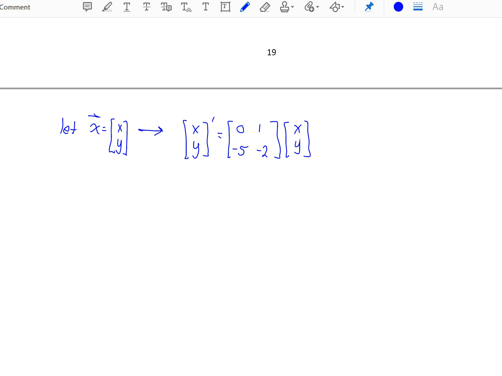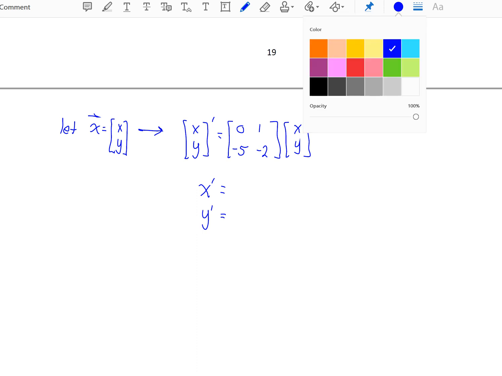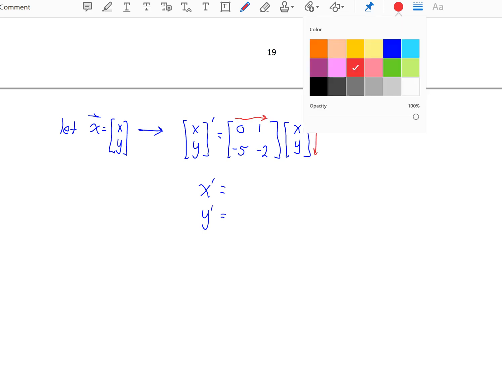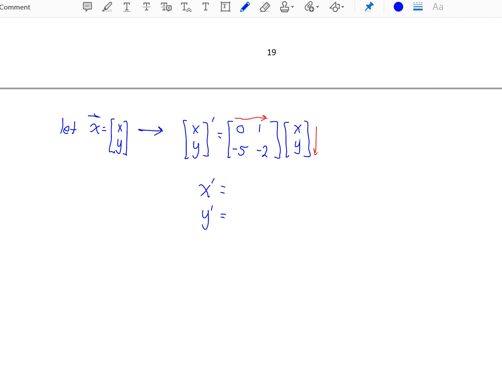And if I expand this, this will be x prime, y prime. Our first equation comes from the first row of our matrix times our column, which I believe is going to be 0x plus y, so just y. And our second equation is going to be negative 5x minus 2y. So now this is your system of equations.